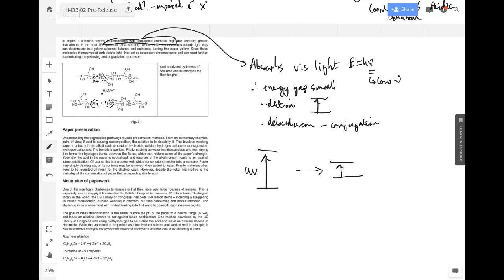This is where we've got our ketones and quinones, with all this conjugation going on, so the electron energy levels are getting closer together. Whereas in the original molecules, they're sufficiently far apart that they only absorb ultraviolet radiation, so it doesn't appear to be colored.